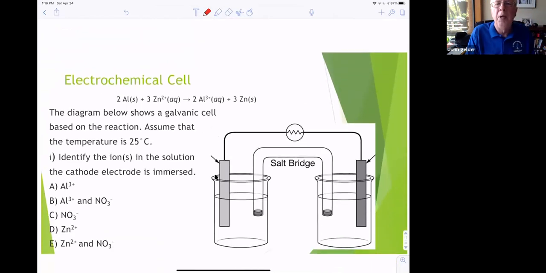And then maybe real quickly, I'm going to stop sharing and relaunch the poll to select the ions that would be in the cathode compartment.